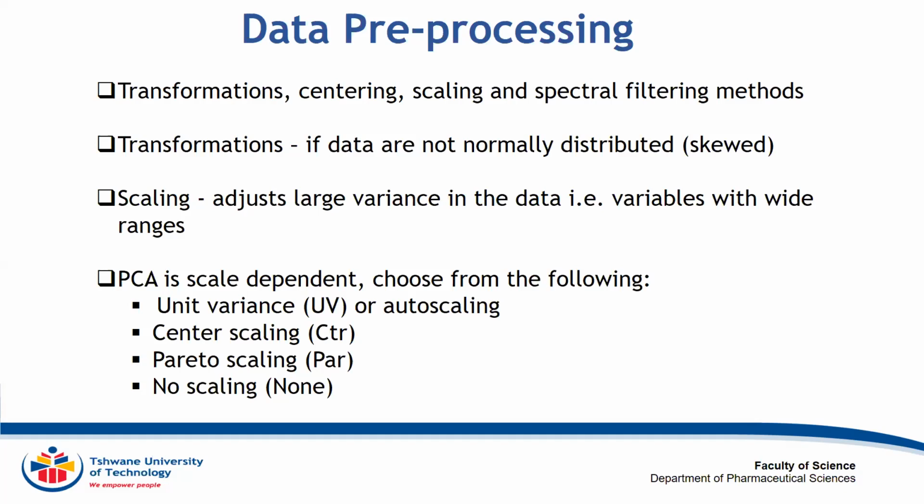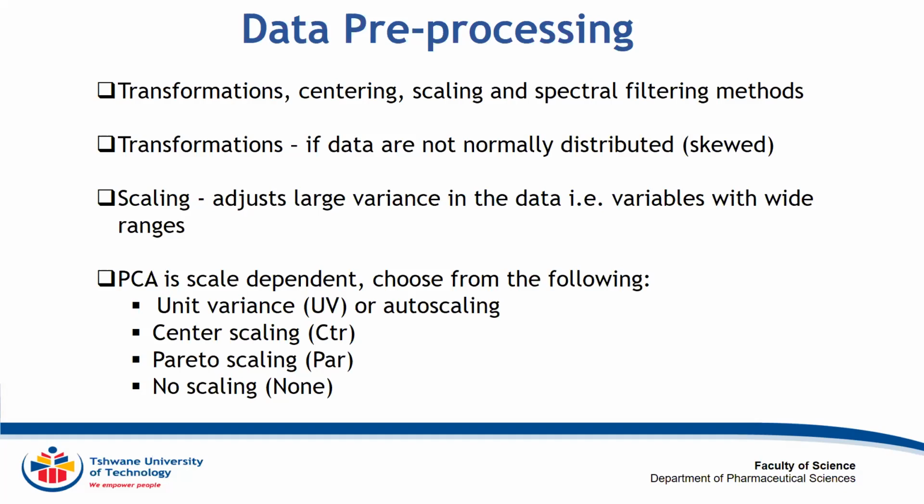Then we have scaling, which adjusts large variance within the data. So your variables that are probably within different ranges need to be adjusted for that large variance so that everything makes sense. This is very commonly used in PCA, and PCA is scale dependent. So you need to scale your data. If you don't scale your data, then you may struggle to actually observe outliers.